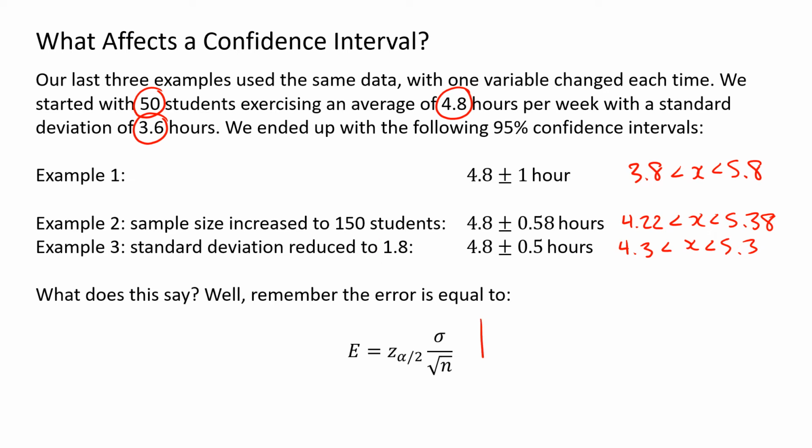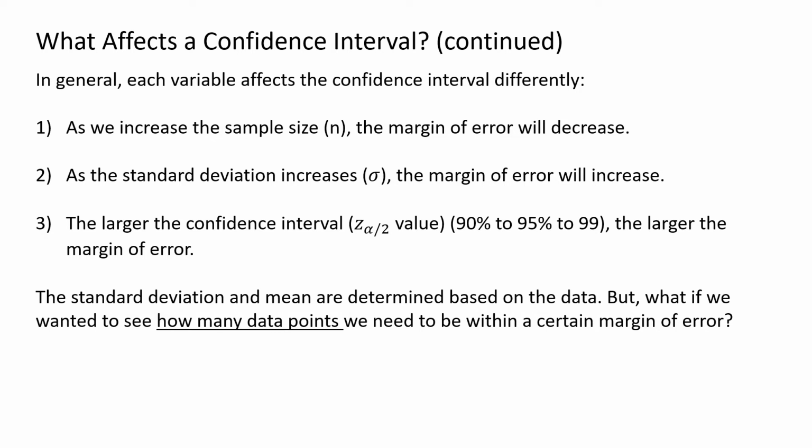Well, remember, this is our error formula. The error for our confidence interval is our z-score times our standard deviation divided by the square root of our number of samples. We've talked about this when I first introduced the example, but I want to give you a slide that shows you how the error will change.